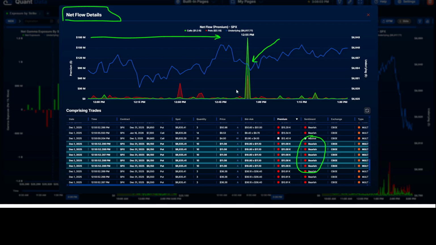If you want to know the detail of that spike, you will click on the spike that was made, and this window will display it, and you will see the detail of this spike. As you can see here, you have two spikes, one for call, another for put, and you will see here what is the sentiment of that position.